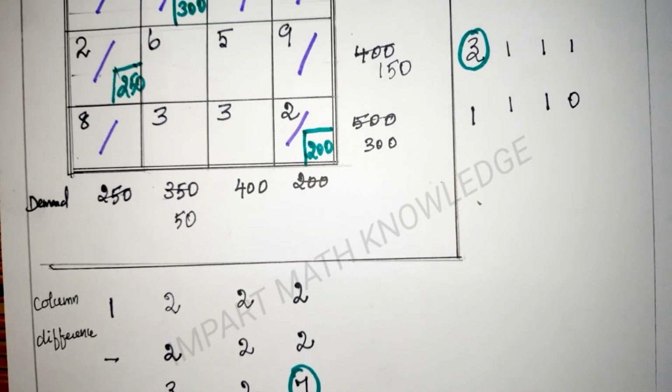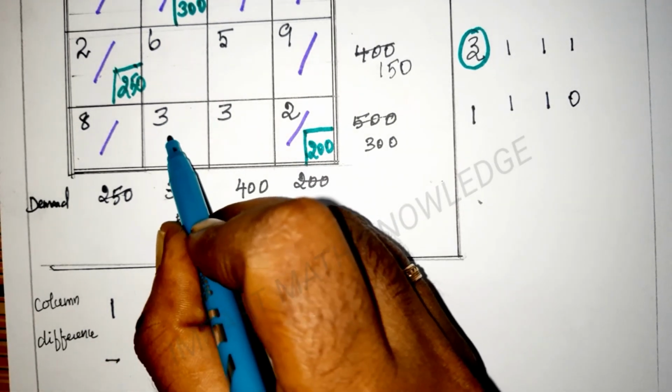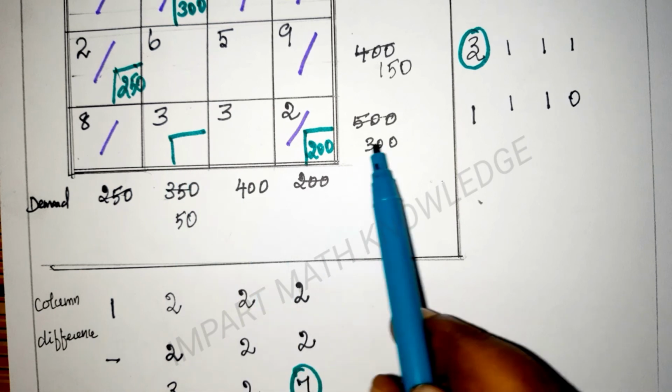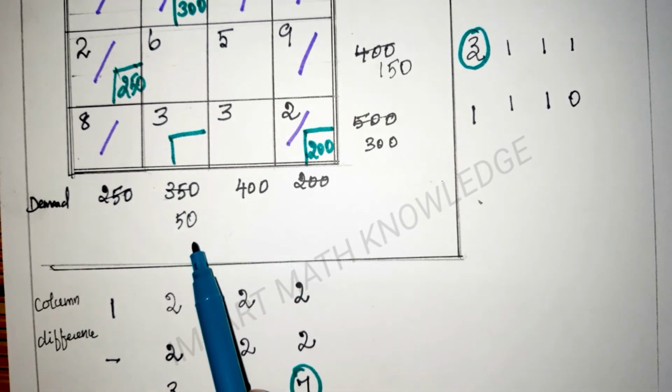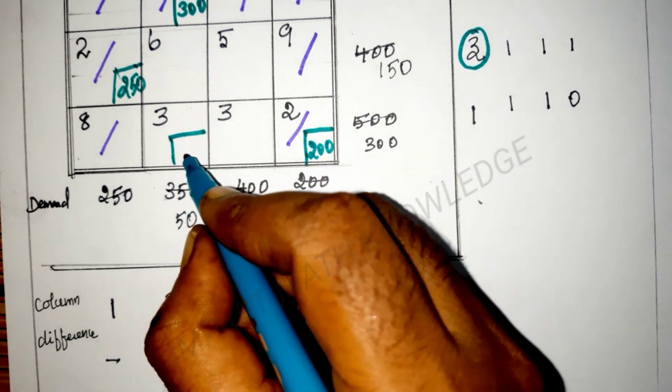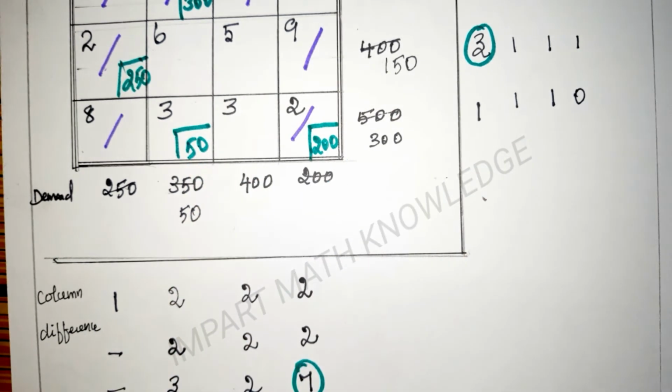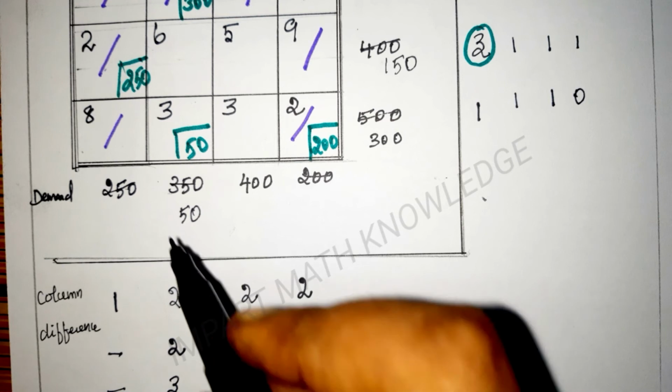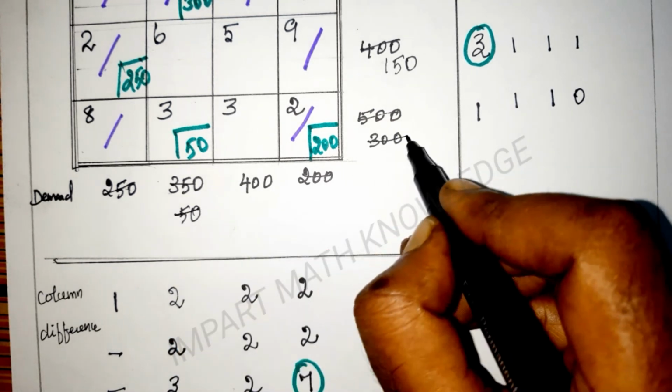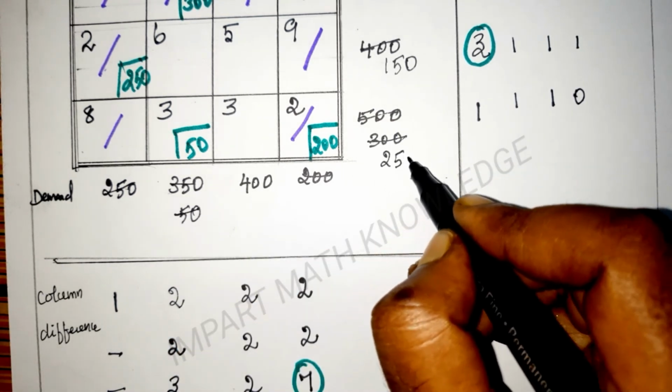In the second column the minimum cell is 3. Here I am going to allocate the value. For this cell, supply is 300, demand is 50. The minimum value is 50, so I am allocating 50 here. Once I allocate, I have to strike out the value and here the remainder is 250.